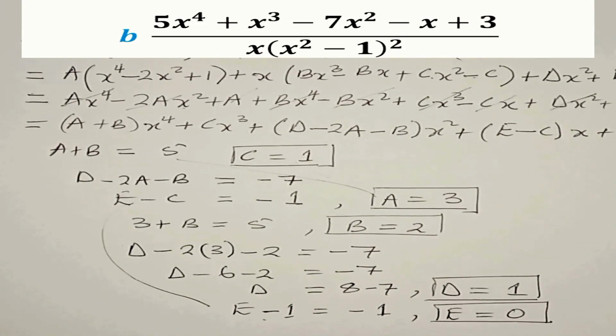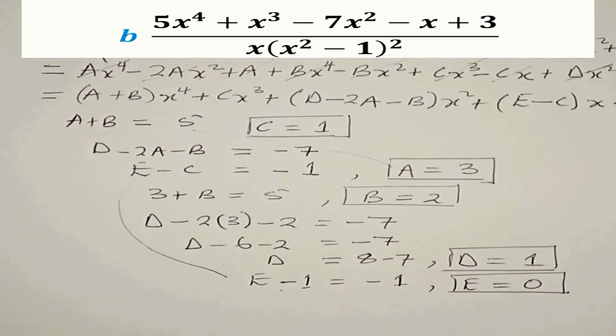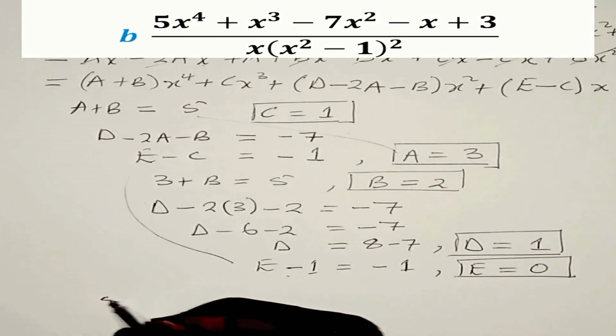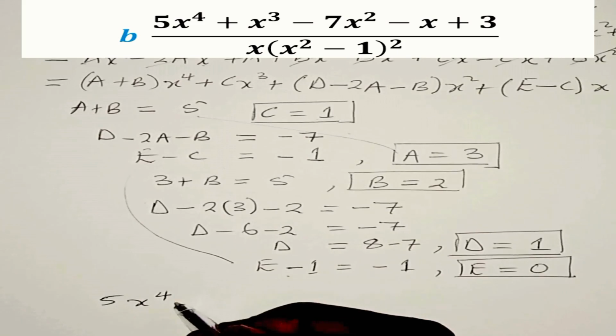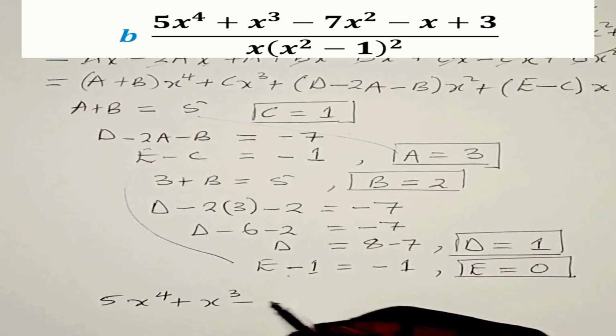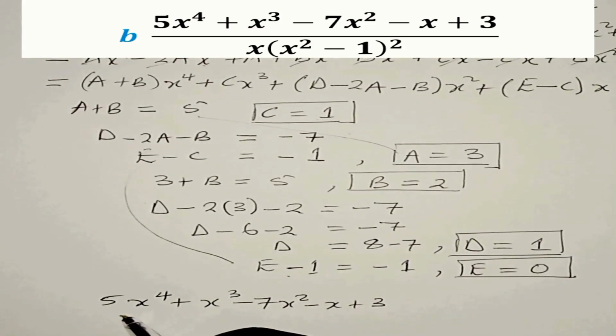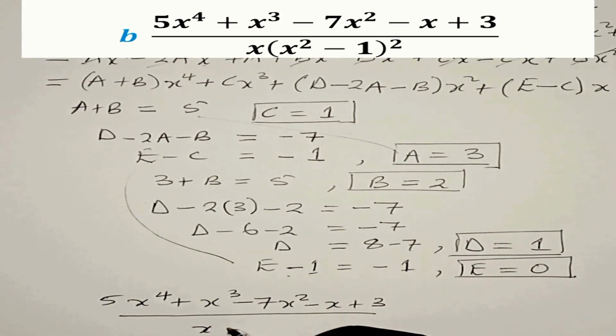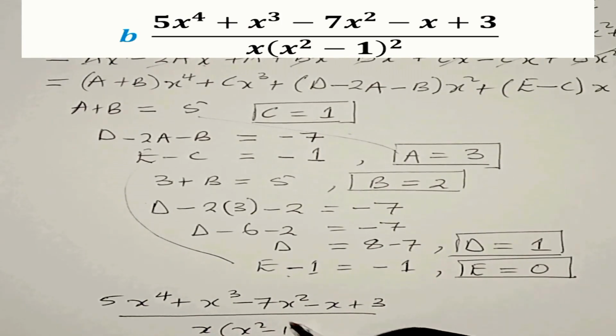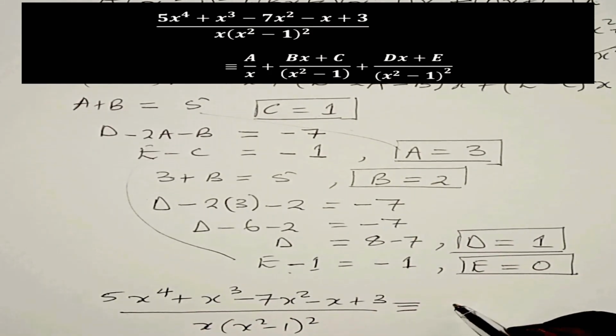Now, let's rewrite that fraction. Therefore, now we say 5x to the power of 4 plus x to the power of 3 minus 7x squared minus x plus 3 divided by x into x squared minus 1 squared is identical to a over x. a is 3, so we have 3 over x plus bx plus c. b is 2, so we have 2x and c is 1.